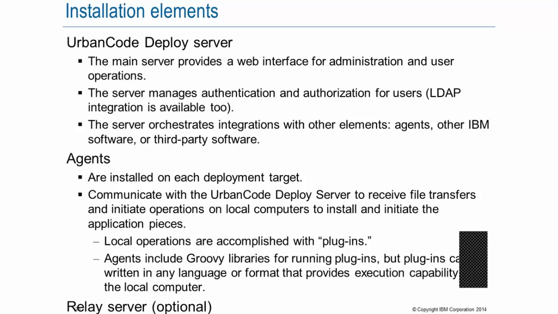If a plugin doesn't exist or is missing functionality that you want, there's also a shell script, for Ant and shell script, and I think PowerShell. I forget the name of that particular one.